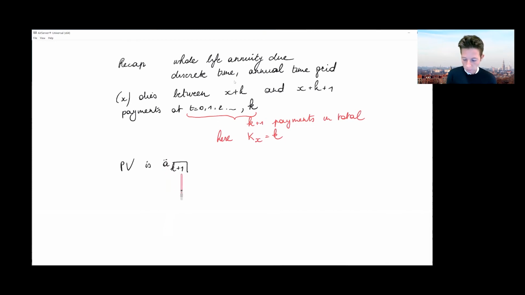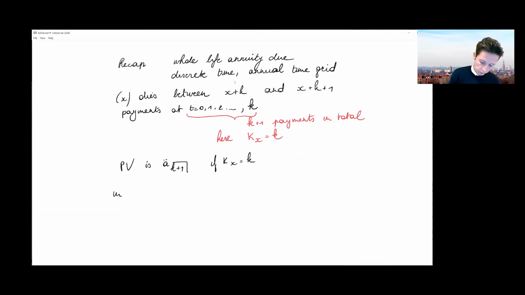And here the k plus 1 refers to the number of payments that this annuity certain is paying me. So in total, there are k plus 1 payments. In this particular case, where the curtate future lifetime takes the value k. So for this particular case, this is my present value notation, right? So this holds if Kx is equal to k.